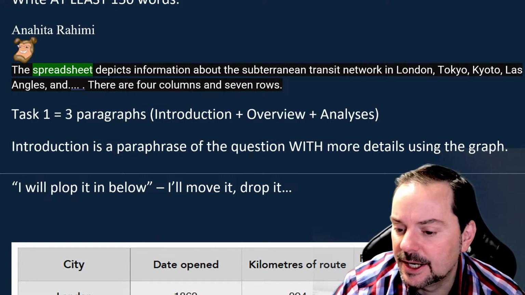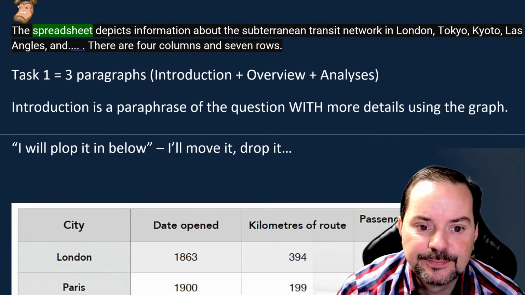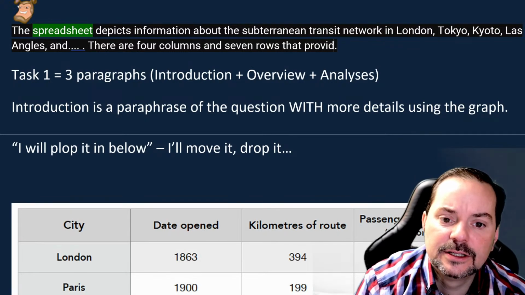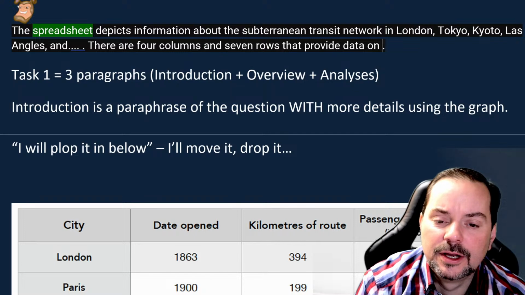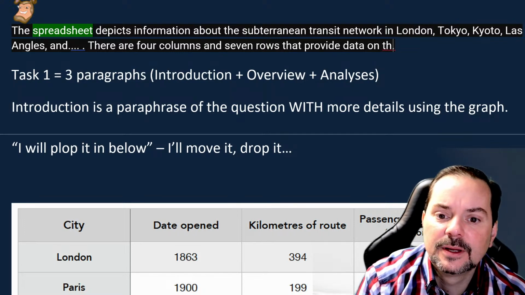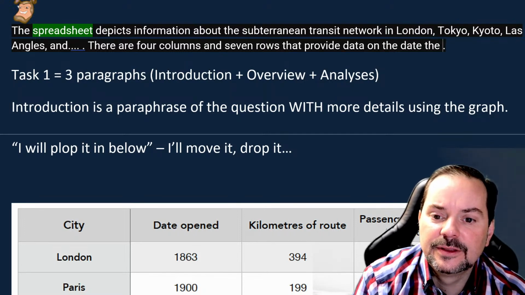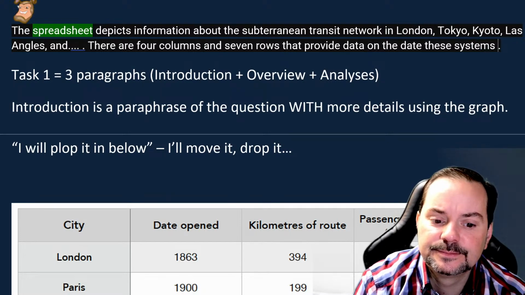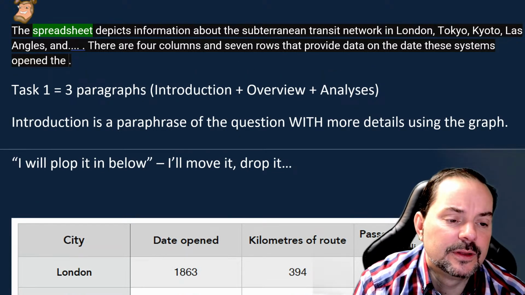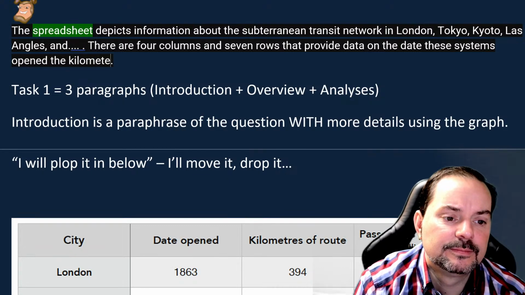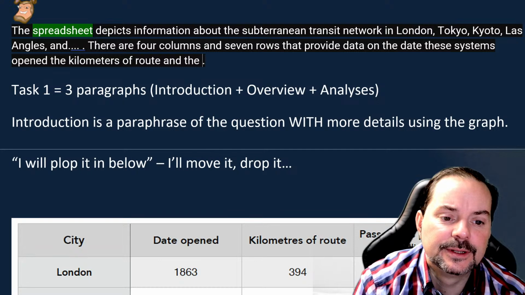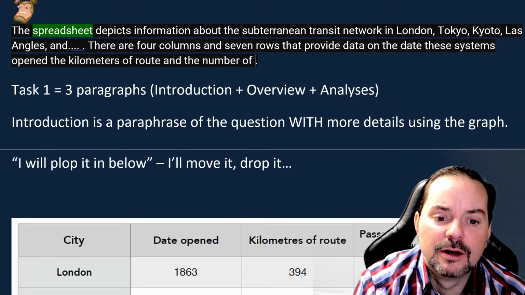And then Anahita, we need to finish this. That provide data on the date these systems opened, the kilometers of route, and the number of, instead of passengers, we could use commuters, right?